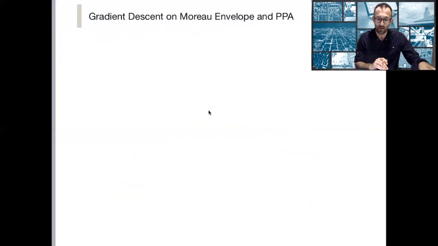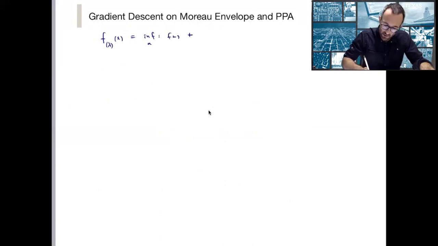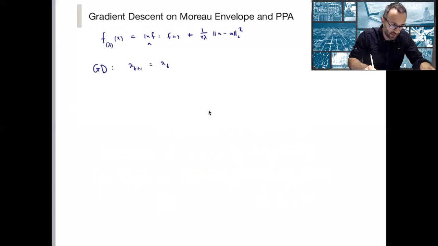So now we can look at what gradient descent looks like. And the connection we're going to make is that, in fact, this is just the proximal point algorithm. So again, f lambda of x is equal to the infimum over u of f of u plus 1 over 2 lambda times the norm of x minus u squared. I want to do gradient descent. Gradient descent tells me that x t plus 1 is equal to x t minus lambda times the gradient of f lambda at x t.